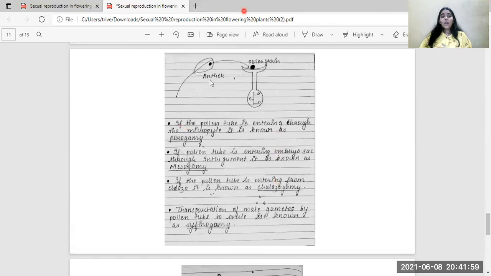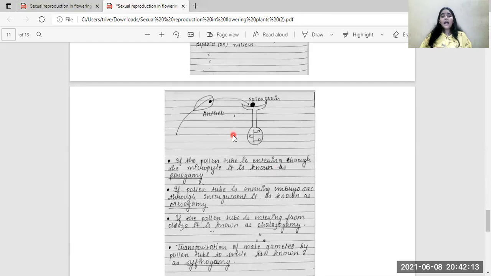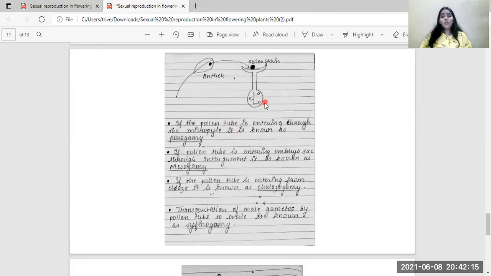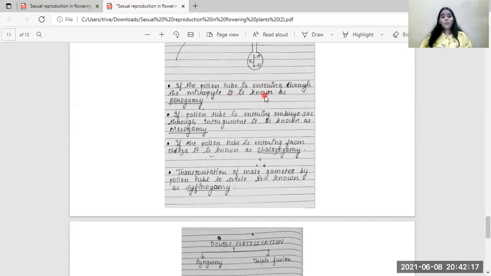Now, when the anther produces the pollen grain, by dehiscence it releases the pollen grain and it sticks on the stigma. It has to enter the ovule. Now there are 3 ways we can enter the ovule.